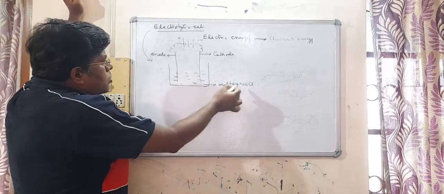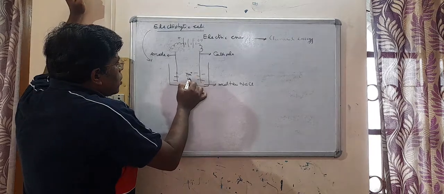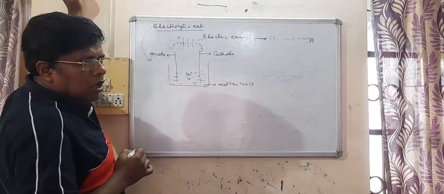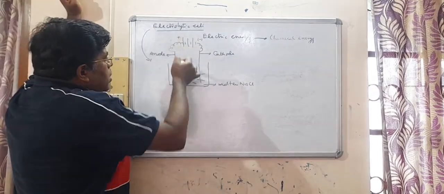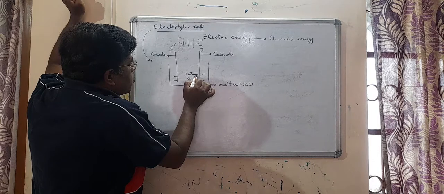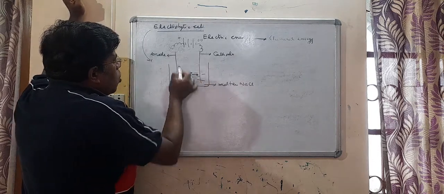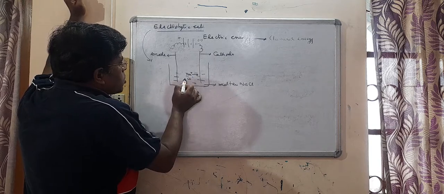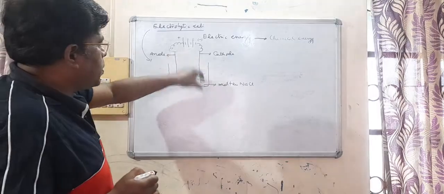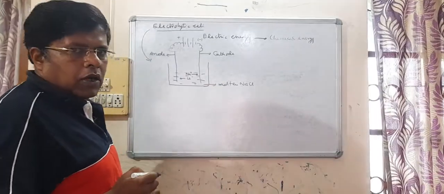Now, since sodium chloride is an ionic compound, there are plenty of sodium ions and chloride ions. When we pass current, all sodium ions will move towards the negative plate, the cathode, and all chloride ions will move towards the positive plate, the anode. So what changes happen at the cathode and anode? Let us write it down.